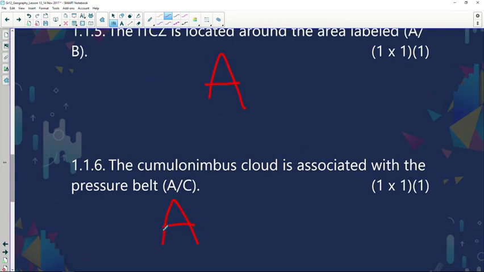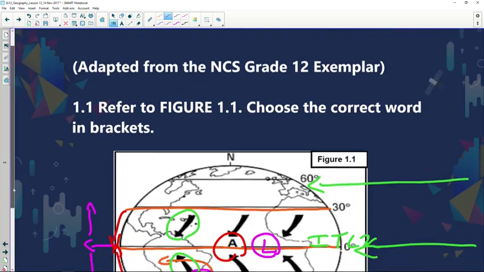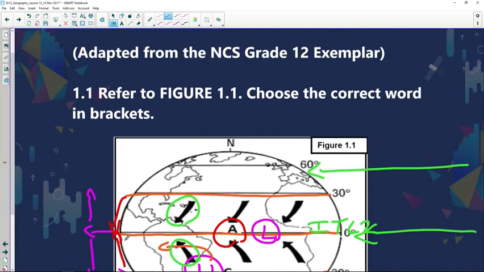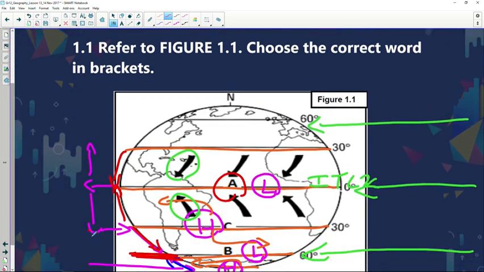Why cumulonimbus clouds? What happens at A? If you quickly look over here, at this convergence, rising air takes place. Now it's warm air, so cumulonimbus clouds are going to form over the equatorial regions. Definitely not at C, because what do we experience at C? Subsidence, sinking air.